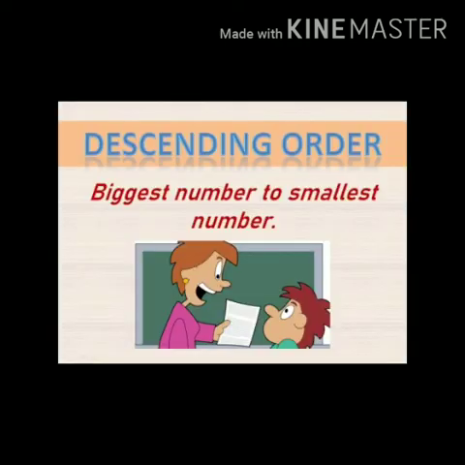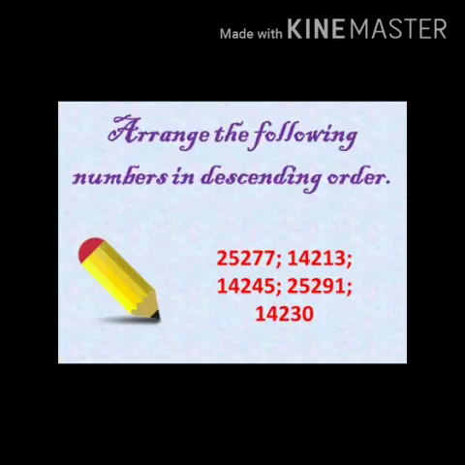Descending order. Descending order means writing the numbers from biggest to smallest number. With the help of an example, we will make clear how to write numbers in descending order.